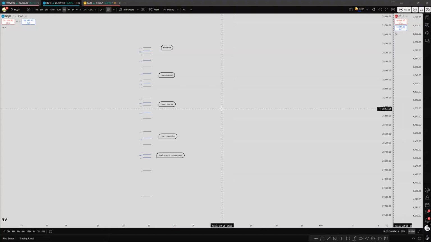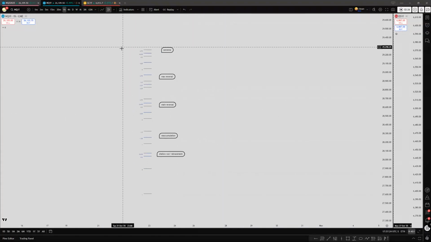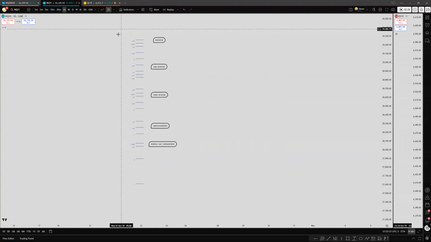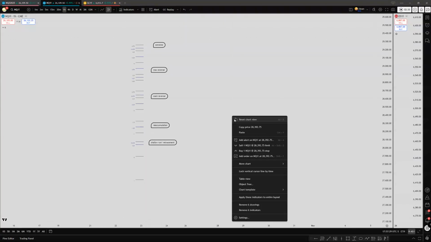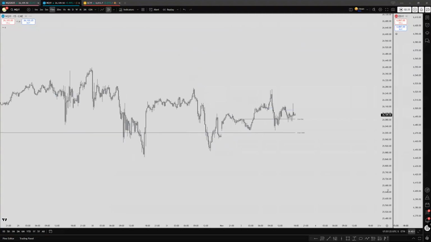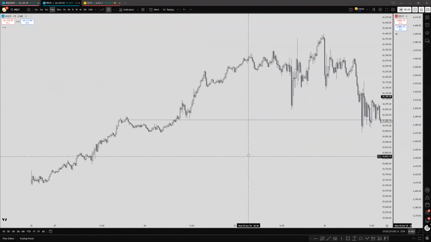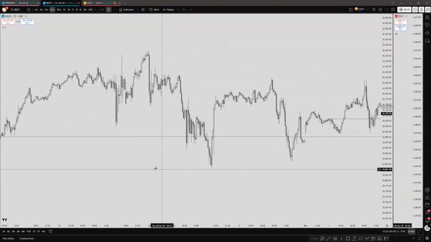Okay, so I'll drop the settings for this fib, and I'll explain any questions more in depth that you guys might have. So let's go here. Let's start with last week's price action.